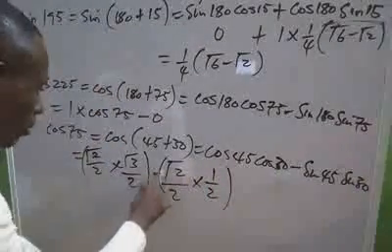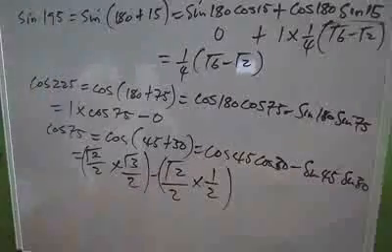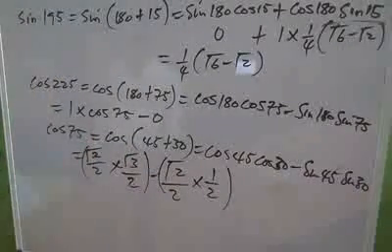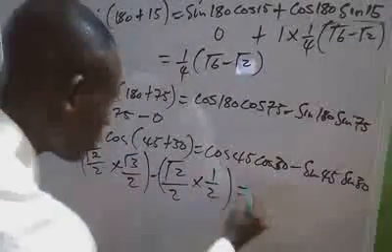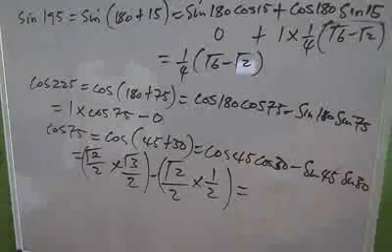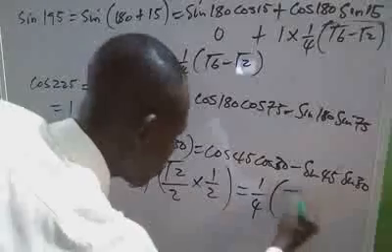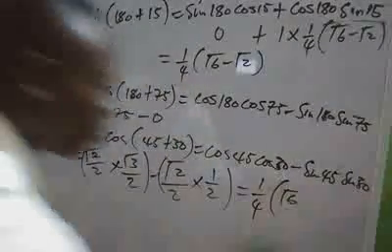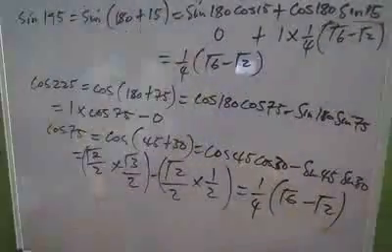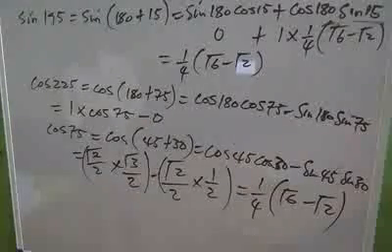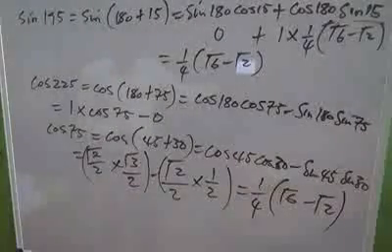So if I simplify, this is the same thing as 1 over 4 bracket root 6 minus root 2.